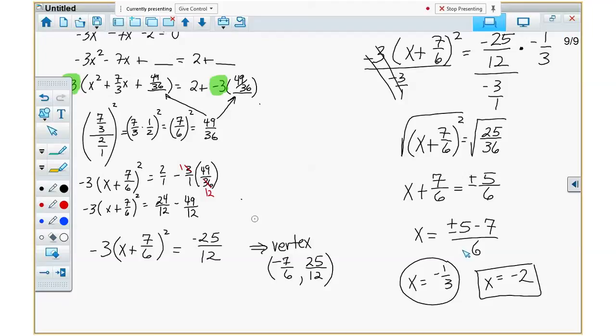So we got a y-intercept of what? -2? We got an x-intercept, or a vertex, of -1 and 1/6, and positive 2 and 1/12, something like that. -2 and -1/3.